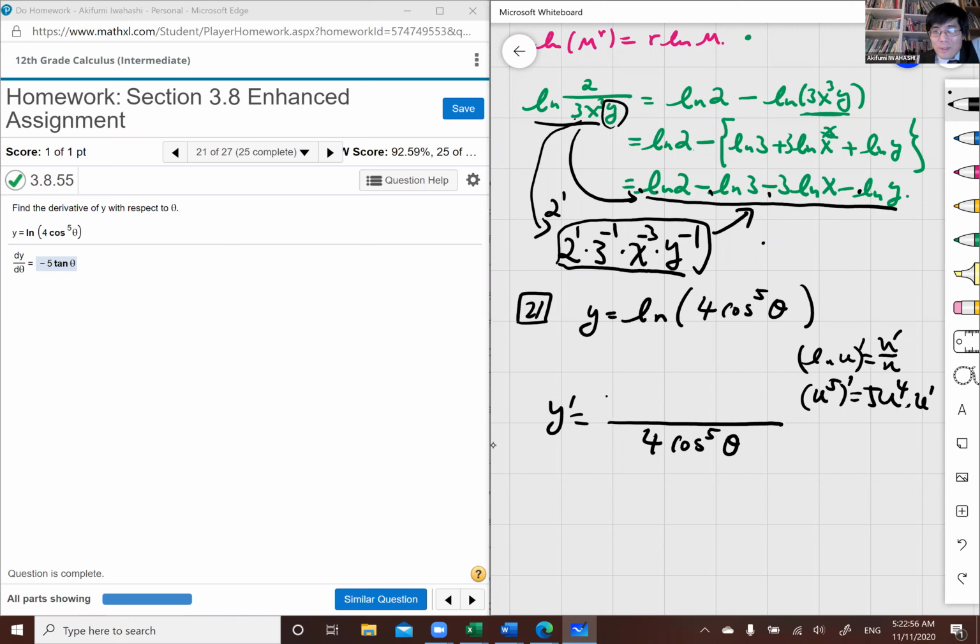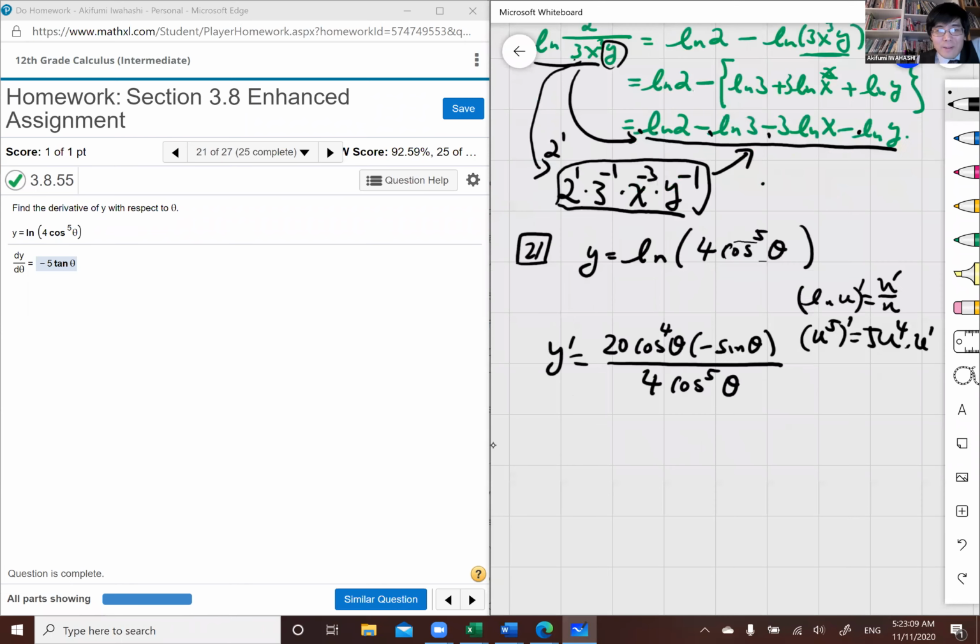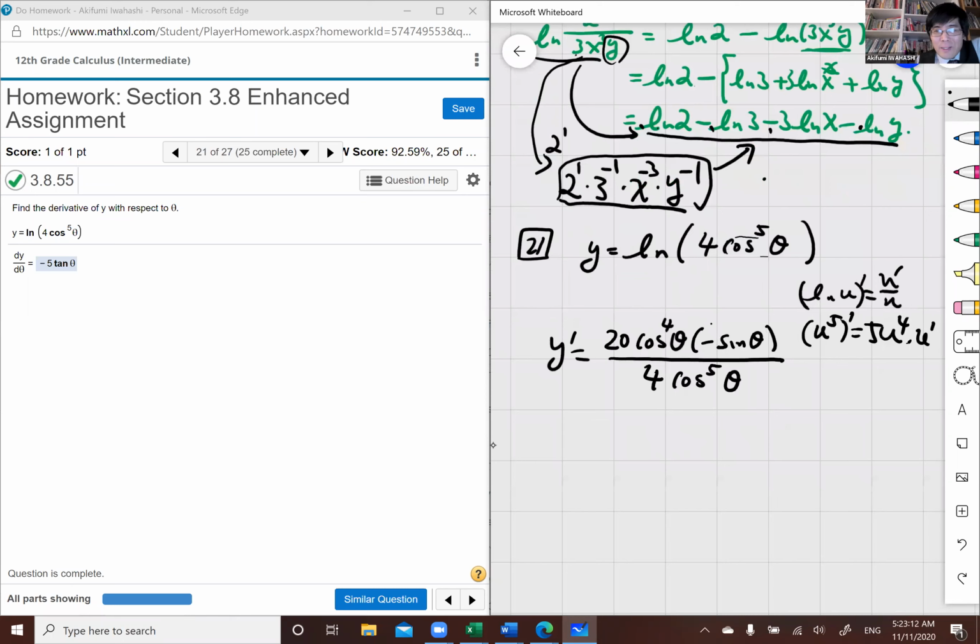So it's going to be 20 cosine to the power of 4, and the derivative of the inside, which is negative sine theta. Now you can simplify cosine to the power of 4 and cosine to the power of 5. You can reduce the fraction into -5 sine theta over cosine theta, which is the same thing as -5 tangent theta.